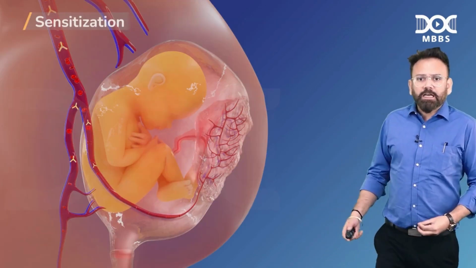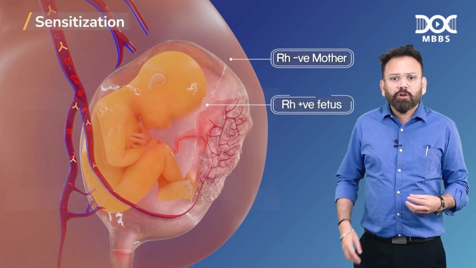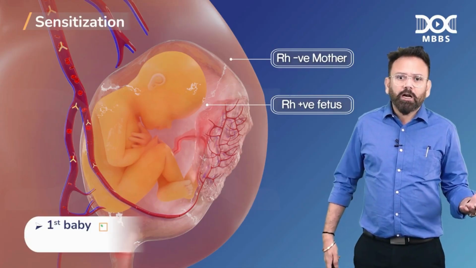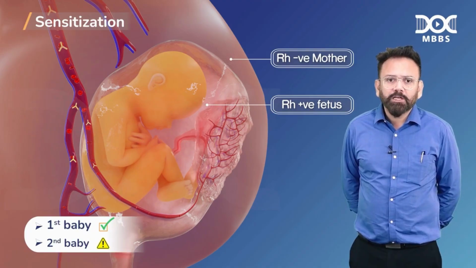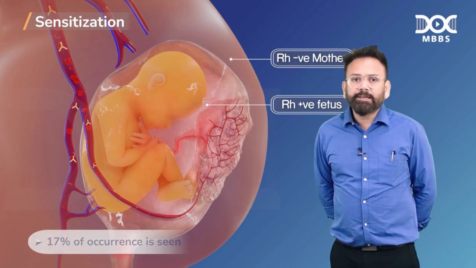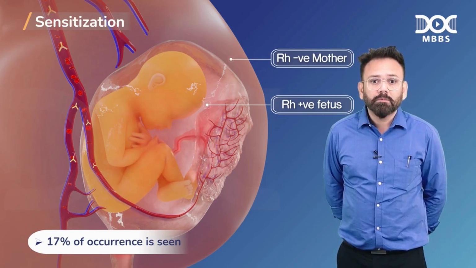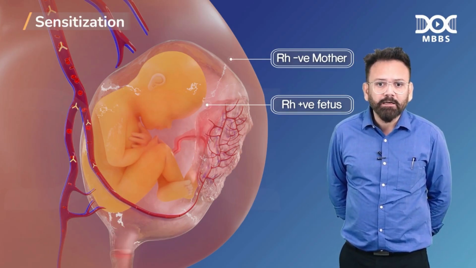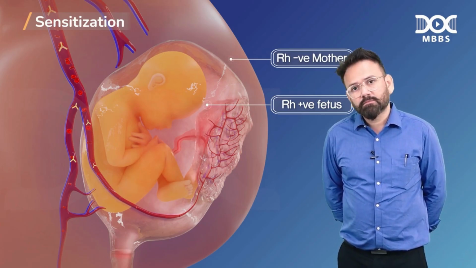And because sensitization of an Rh negative mother carrying an Rh positive fetus generally occurs at birth, the first child is usually normal. This whole problem is mainly because of the second child. The hemolytic disease occurs in about 17% of Rh positive fetuses born to Rh negative mothers who have previously been pregnant one or more times with an Rh positive fetus.